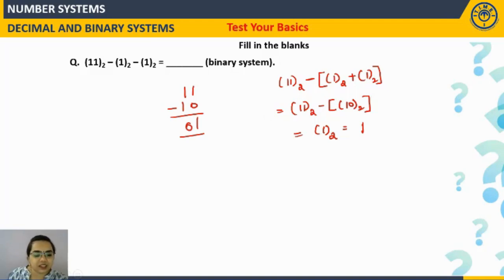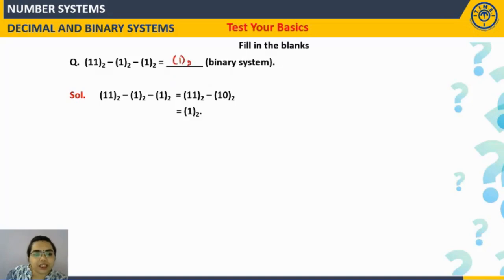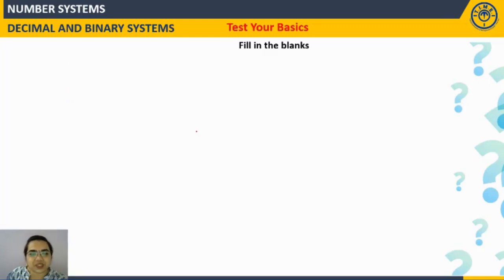Is that right? Okay. So the answer is 1 to the base 2. So what have we done here? We have first taken minus common, performed the addition for these two digits written in binary form, and then the binary subtraction has been done. I hope this is clear. Okay, let's move ahead to the next question.